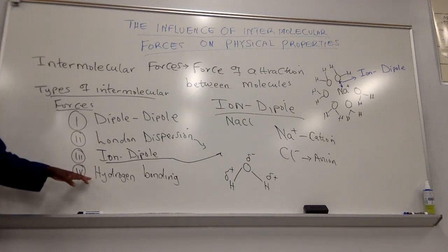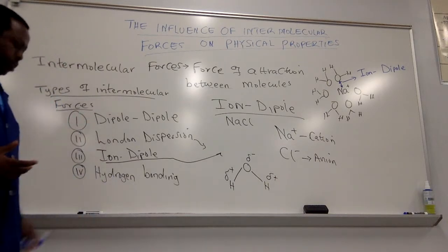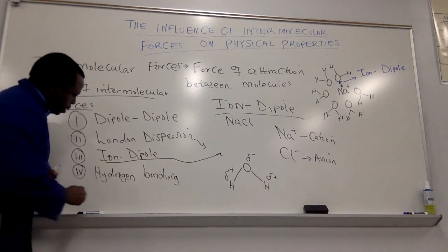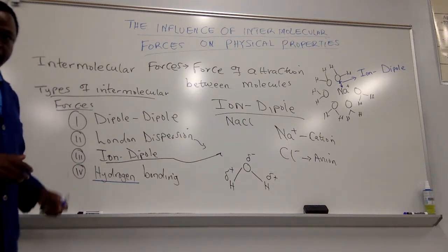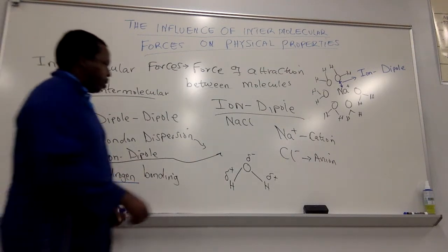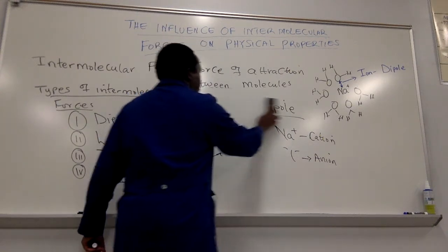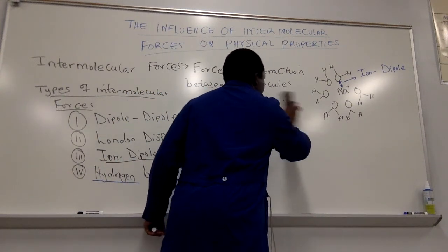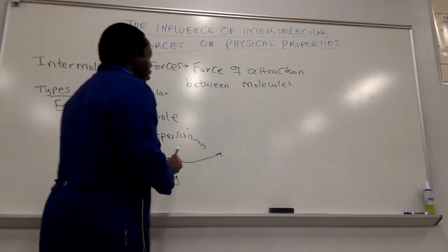And then lastly is hydrogen bonding. From the word hydrogen, the hydrogen must be bonded to a more electronegative element on the periodic table. This is how I look at hydrogen bonding: there must be hydrogen in it.